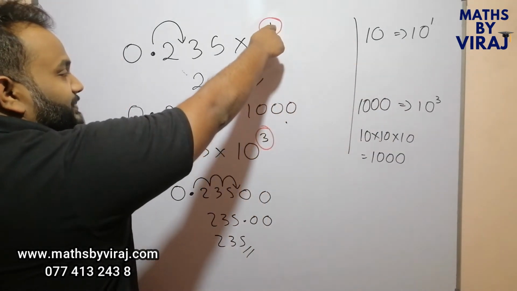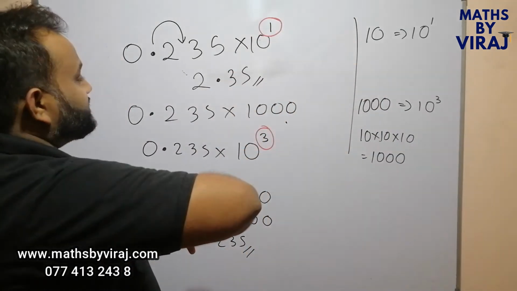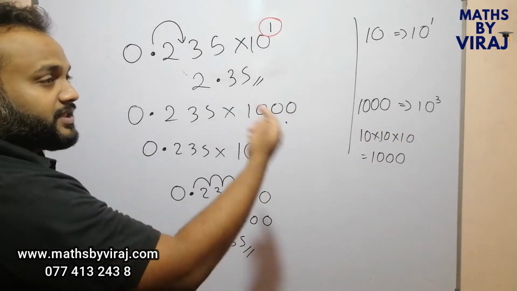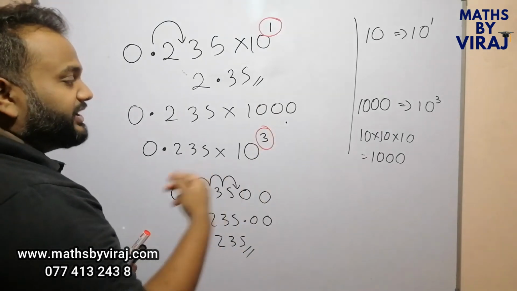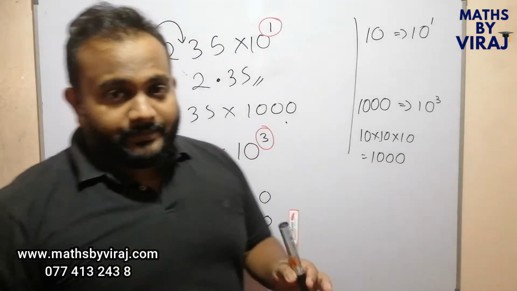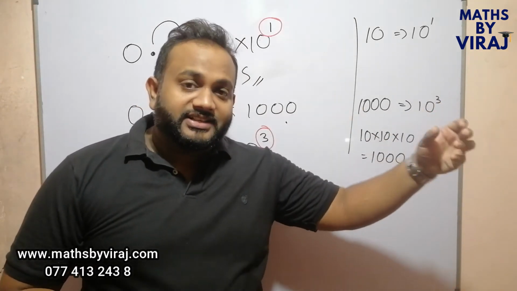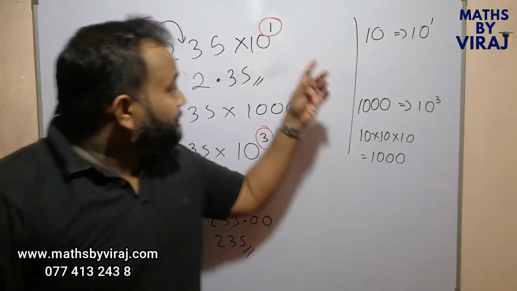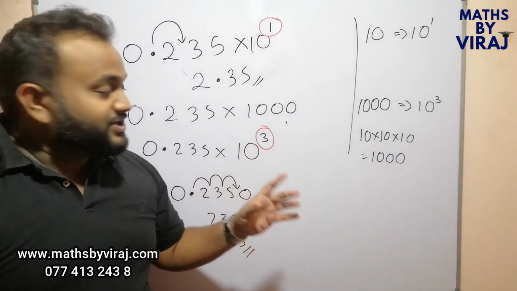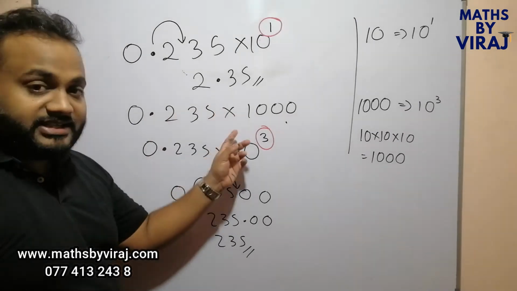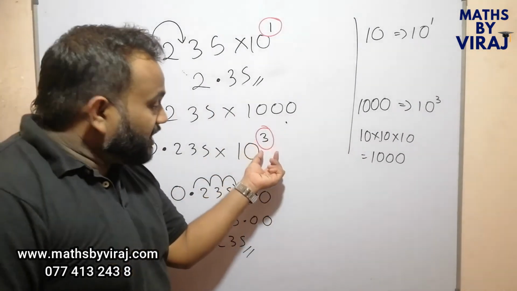Here you have 10 to the power 1, so the decimal point jumps to the right only once. Here it is 10 to the power 3, therefore the decimal point jumps to the right 3 times. Therefore, always remember, the decimal point jumps to the right according to the power of 10. So what is it again? The decimal point jumps to the right according to the power of 10.